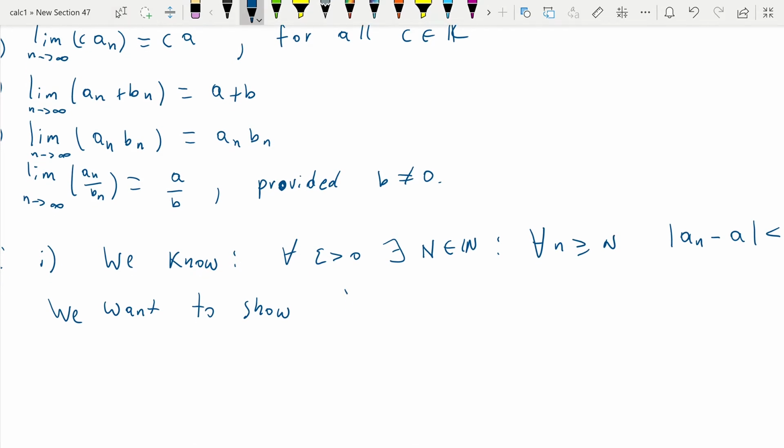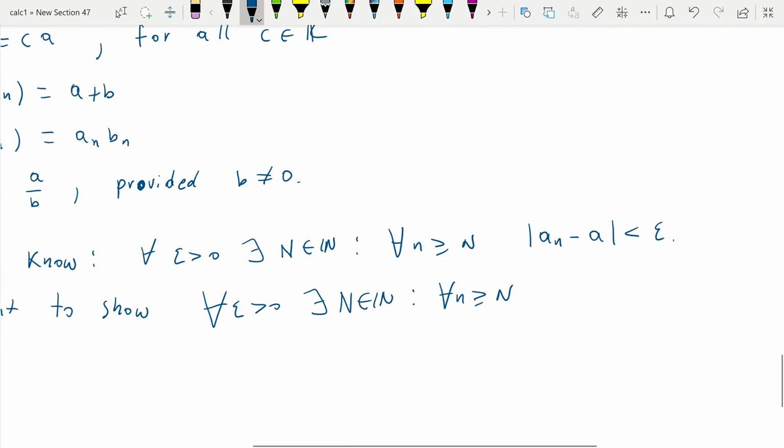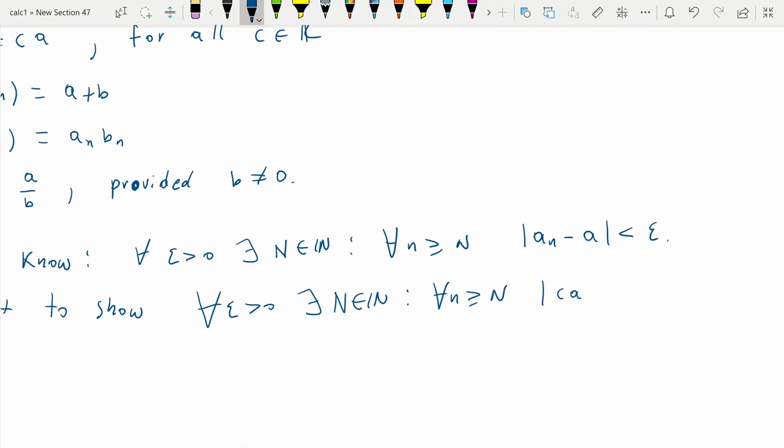So you want to show basically the same thing, except that inside the absolute value, we're going to have c times a_n minus c times a.